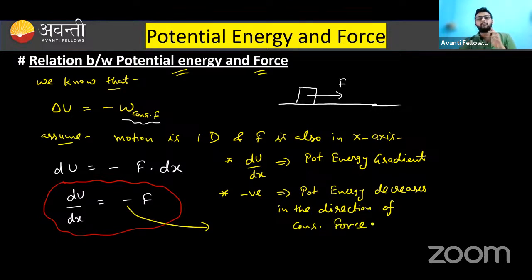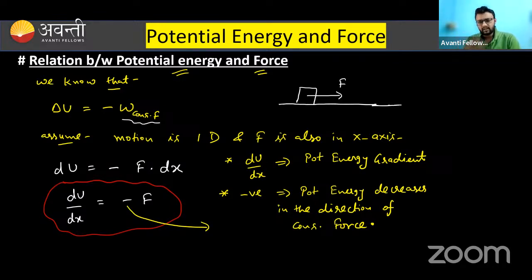What is the meaning of the negative sign in this relation? Potential energy decreases in the direction of the conservative force. If you move in the direction of the conservative force, potential energy will decrease. That's what this relation says.